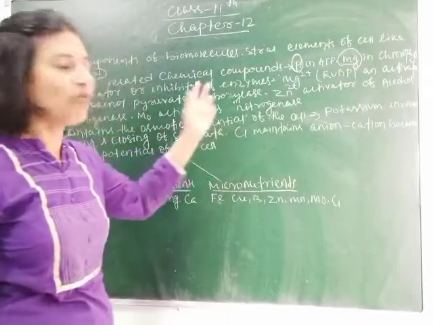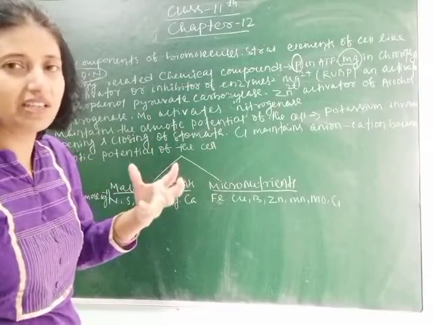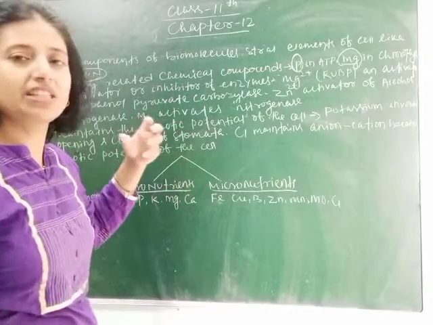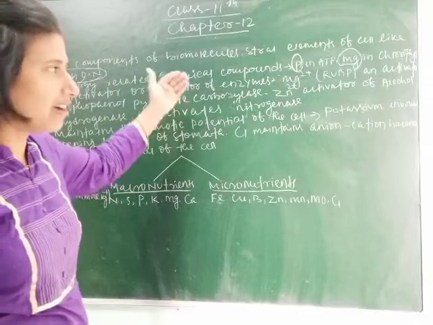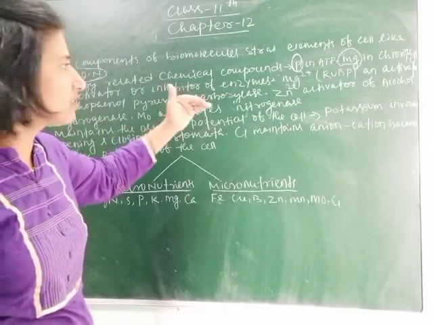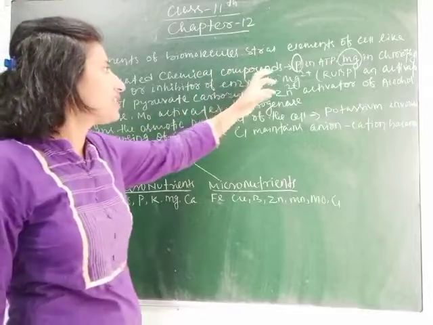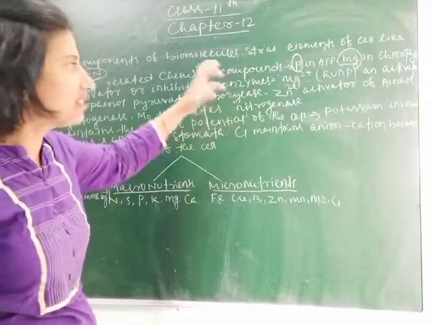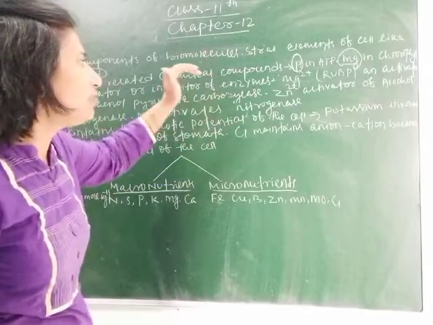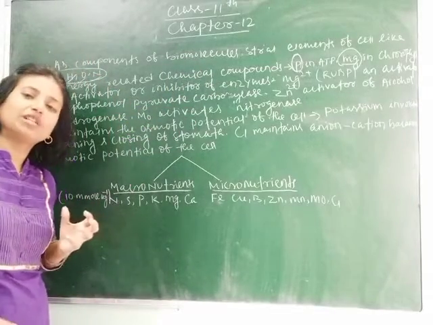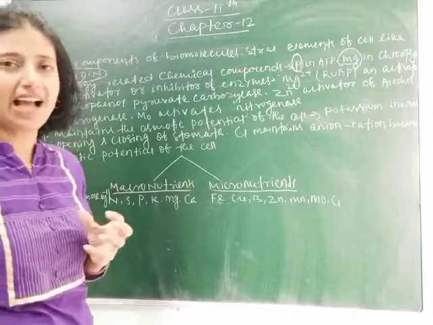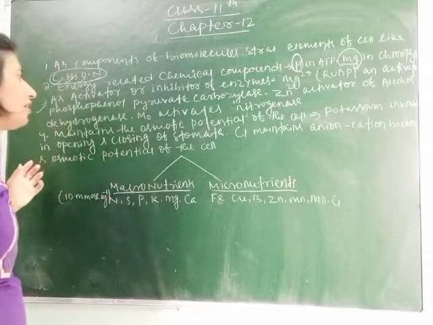You will study about these enzymes in the next chapters, that is respiration and photosynthesis in plants. Respiration will come in a separate chapter, and photosynthesis also. In those chapters you will study about these enzymes in detail. Here you only need to remember how some mineral nutrients or some elements help as activator or inhibitor.